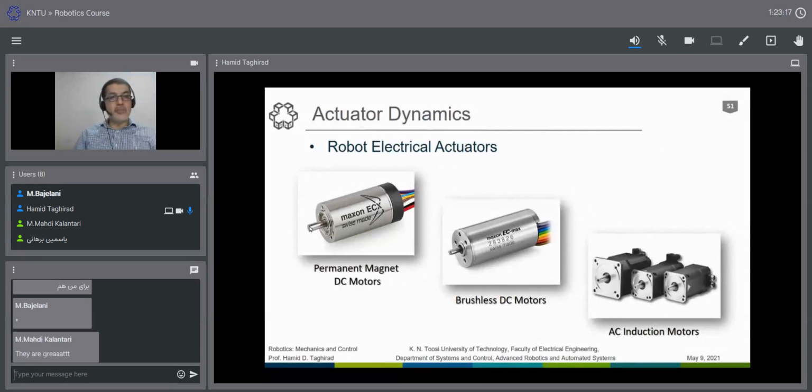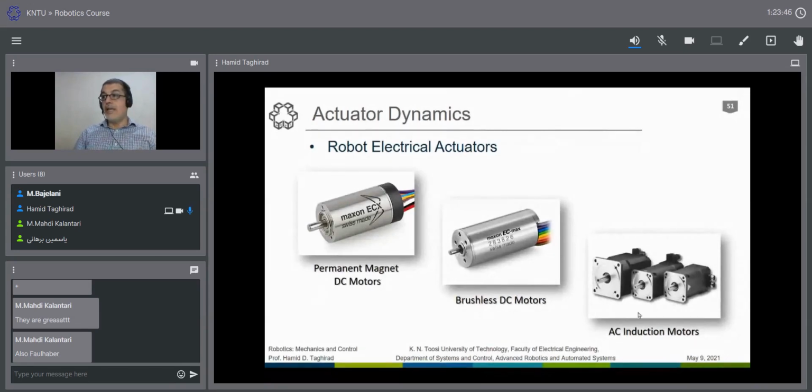DC motors are much simpler in terms of drive. But the permanent magnet one usually has brushes, and these brushes wear and have a limited life. Brushless DC motors are very long-term working.